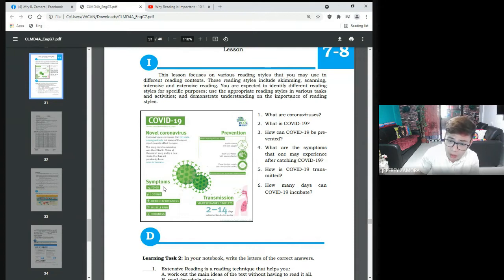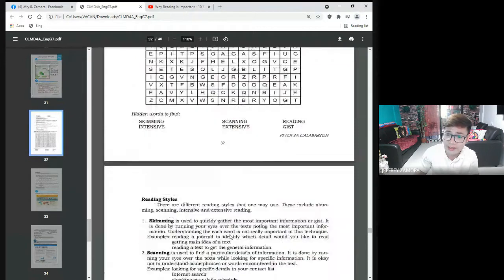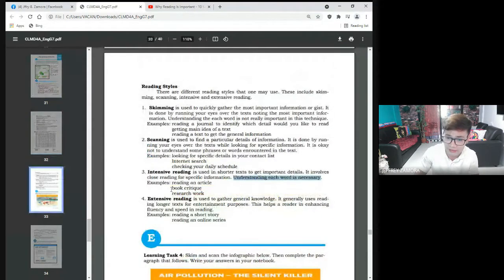What is that term all about? Cough, difficulty breathing, muscle pain, tiredness. If you truly understand those words presented under symptoms, your reading style is what you call intensive. Is it clear? Clear po.